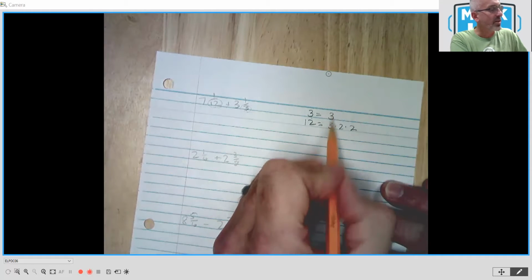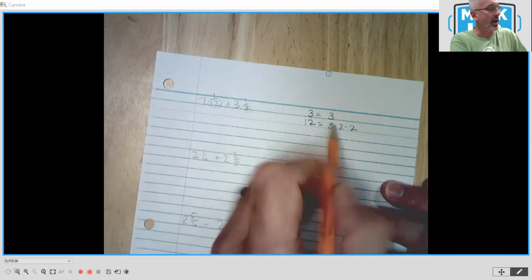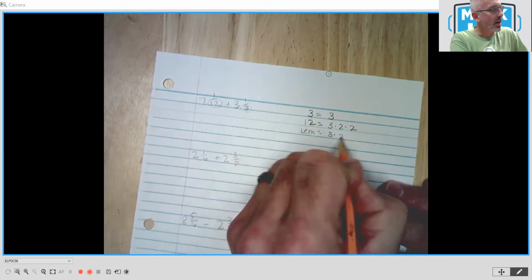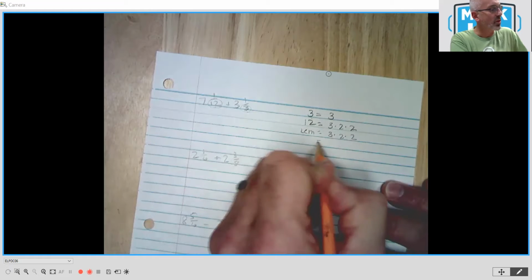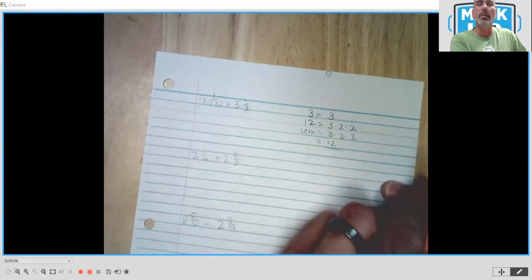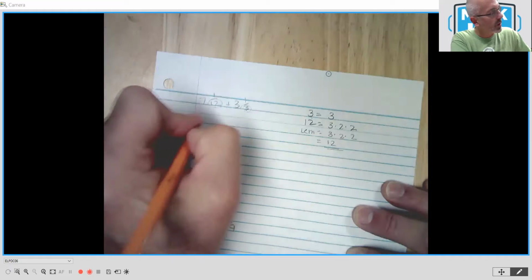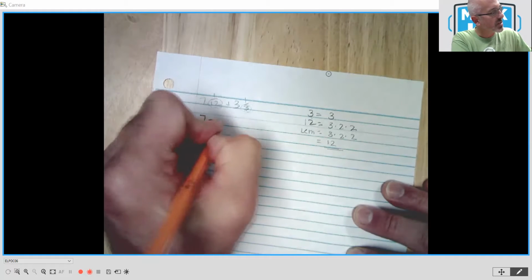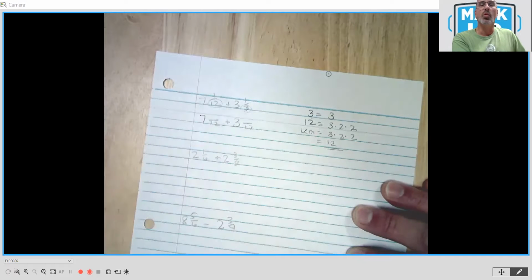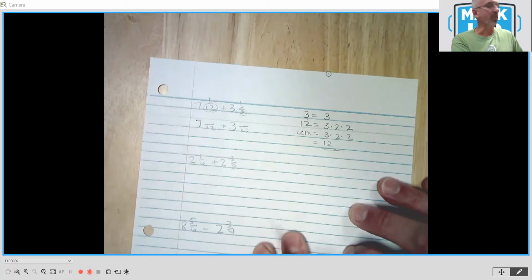What we want to make sure is that our common factors always line up. Our least common multiple then is 3 times 2 times 2, which is 12. Now that we've found our least common denominator, we are going to rewrite these mixed numbers using 12 as the denominator of the fraction.